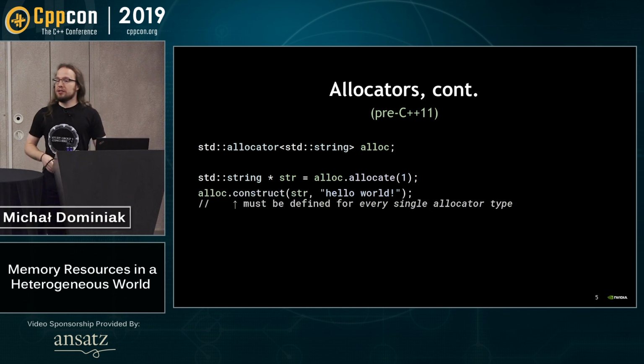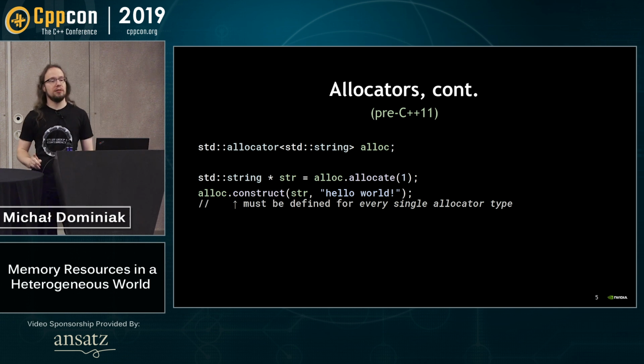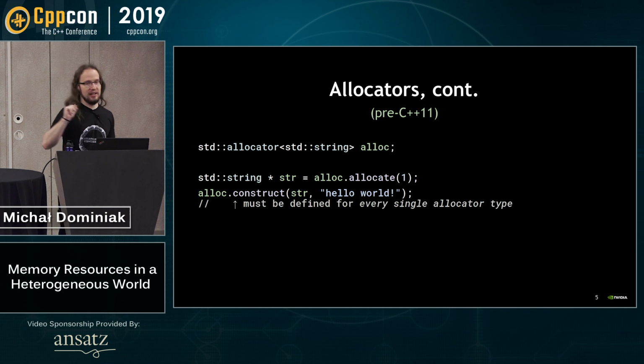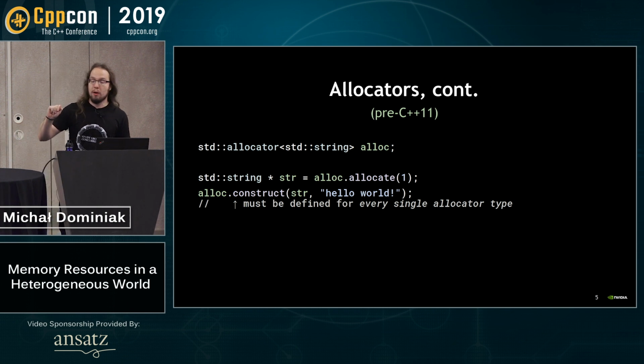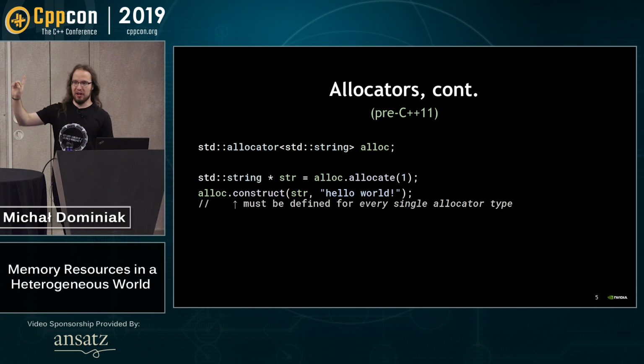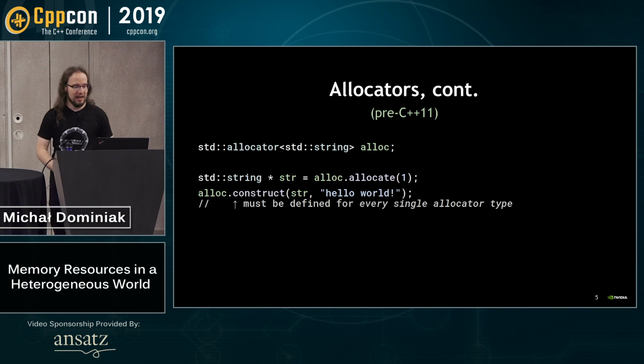Then we are supposed to use the member function of the allocator called construct to actually construct an object in this place in memory that was allocated from the allocator. By the way, and note the subtitle there. And by the way, every single allocator has to provide this member function, even though pretty much always this will be placement new.